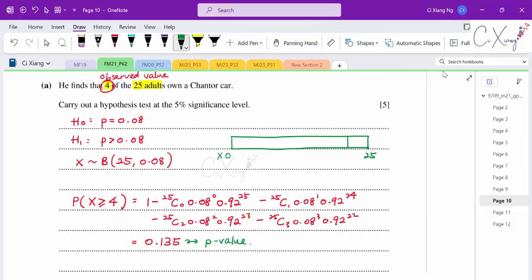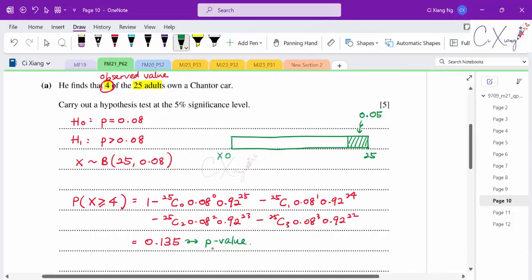For the rejection region on the right hand side, maybe I will just shade it. I will shade the region to denote that this whole area here is the rejection region, which is 0.05. Now I already have the p-value, which is 0.135, right?